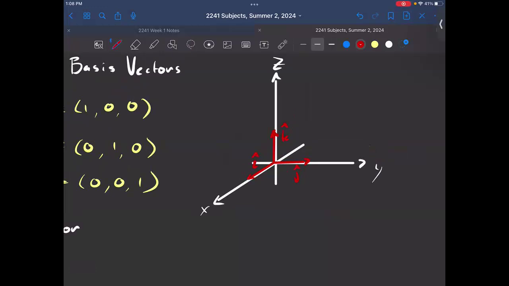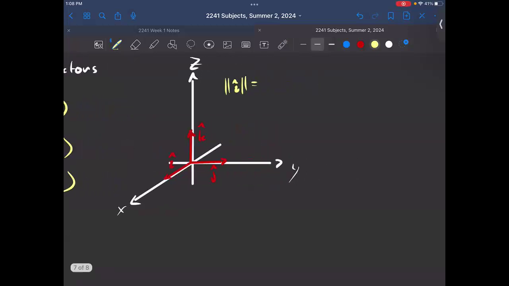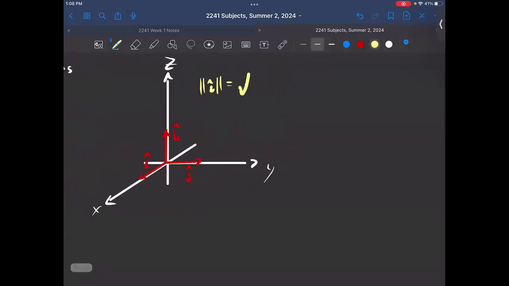And these guys are called the standard basis vectors because they point in the directions of the basic axes. And they are standard. They start at the origin right here. The other thing about them is that they have length 1. So if I were to take i hat and compute its length, the norm of i hat, remember that this is the square root of the square of the first coordinate plus the square of the second coordinate plus the square of the third coordinate.